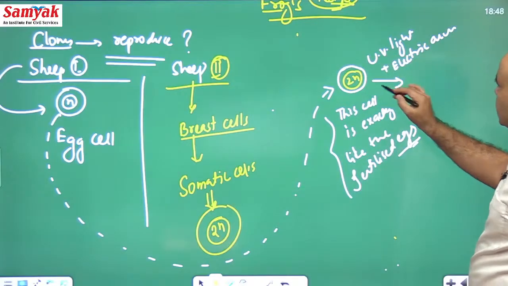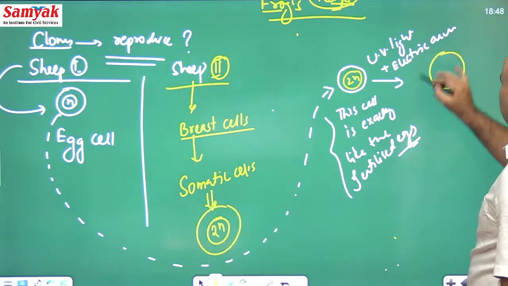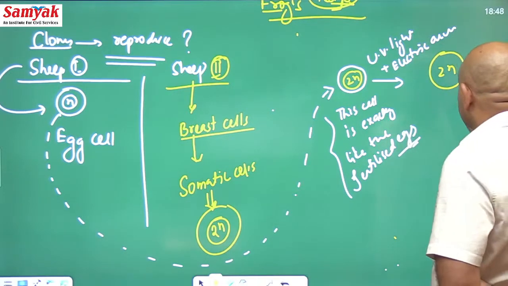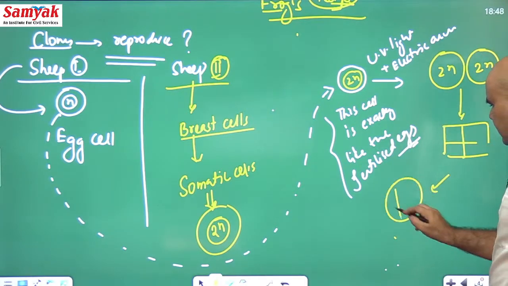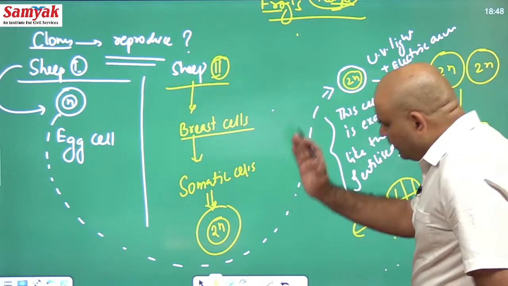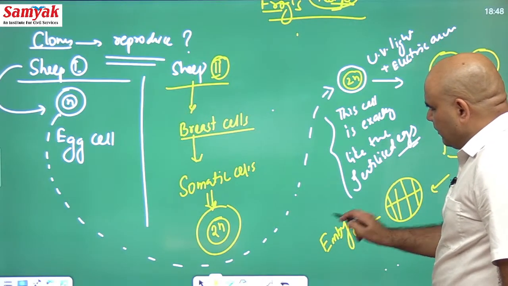Now this was allowed to grow, and as a result of cell divisions, one cell will convert into 2 cells, and then 4, 8, like that it will start to multiply. If it keeps on multiplying, it will develop into an embryo.